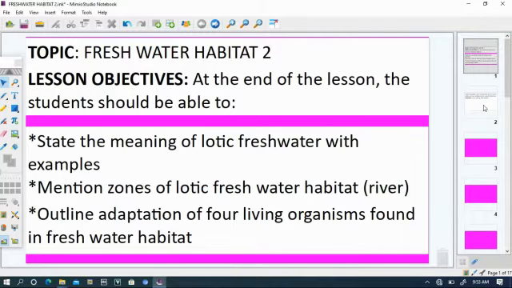The one that flows, also known as lotic freshwater. Example, you have stream, spring, and rivers. And the one that is stagnant, also known as lentic freshwater. Example, pond, lake, and puddles.